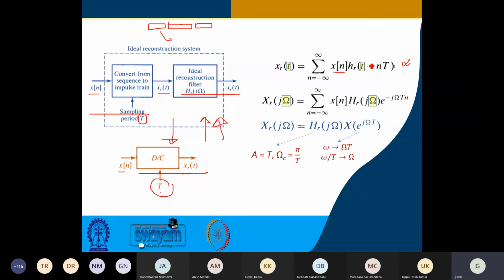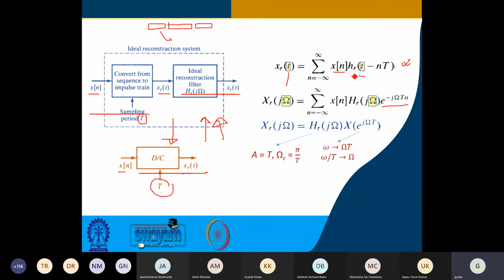If it is a delayed version of it, from the DTFT property, e to the power minus j omega T n will come here. You understand this? So it is the T to omega conversion. So n will not come into the picture, isn't it? T and these are all constants, and this n gets consumed. So this T to omega conversion you can see over here.